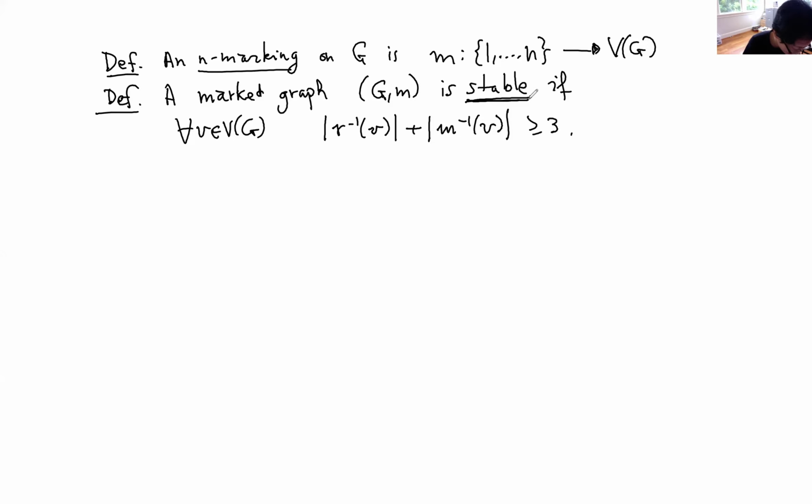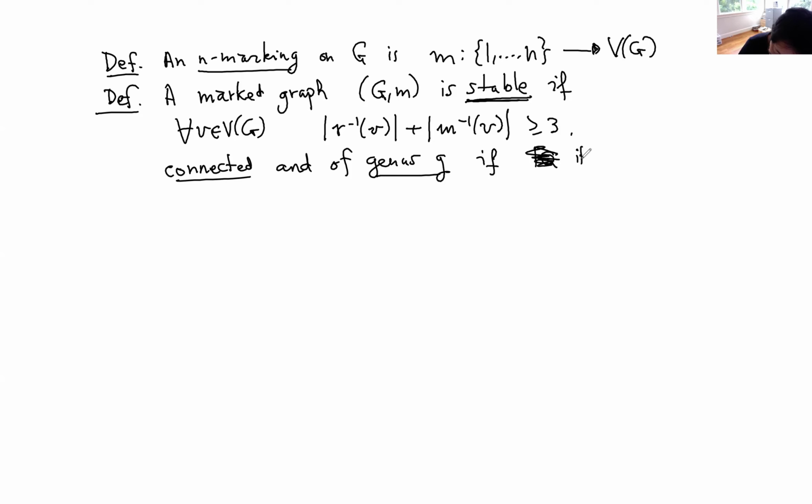I should also define genus actually in the same vein. So we say that G is connected and of genus g if its geometric realization is connected.